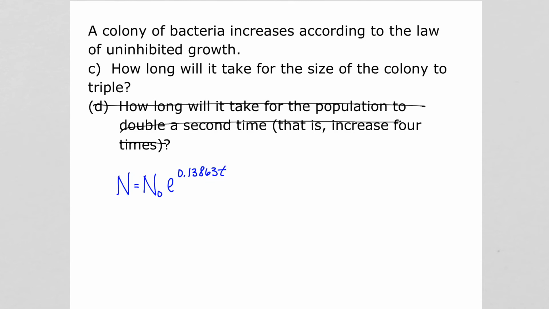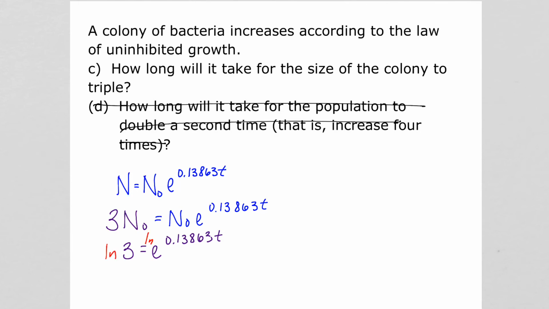Okay? So to triple, we would need 3 N naught. And we would solve for t. So the N naughts go away, and we have 3 equals e to the 0.13863 t.